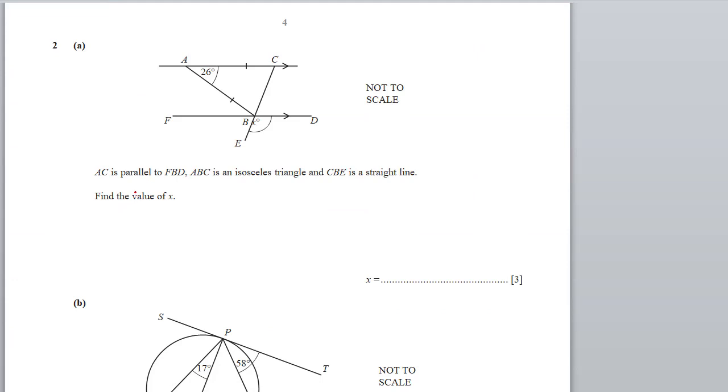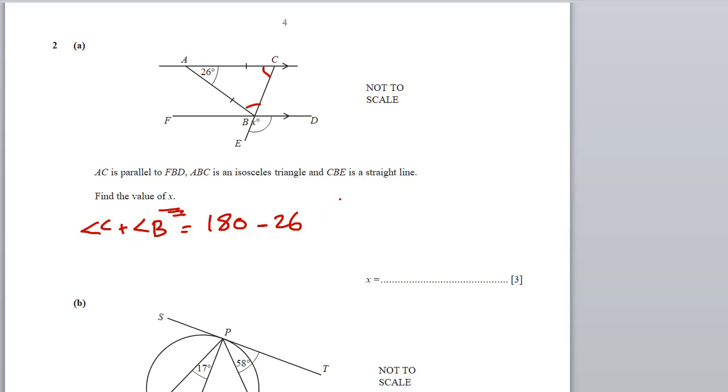Now AC is parallel to FBD. ABC is an isosceles triangle, and CBE is a straight line. Find the value of x. So this is a triangle and these are equal sides. So angle C plus angle B is equal to 180 minus 26.